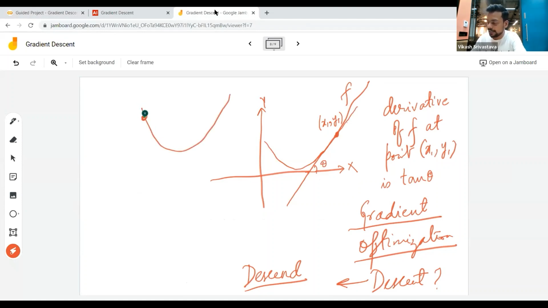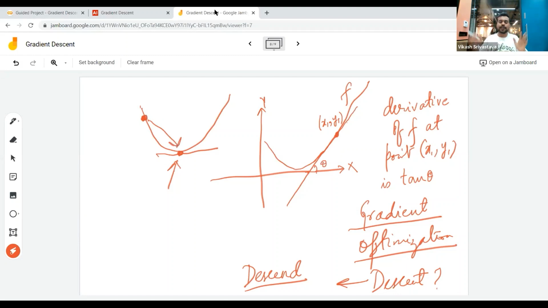Because this is the minimum of the loss function, this is where you want to reach. So you start at a particular point, and by calculating gradients in different iterations, we try to descend to this particular minimum.